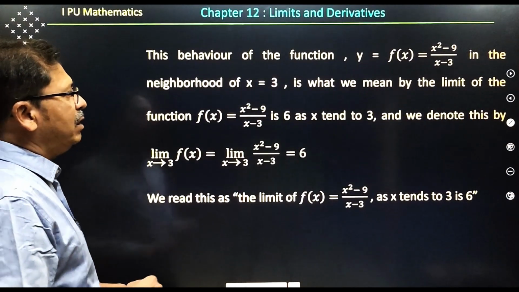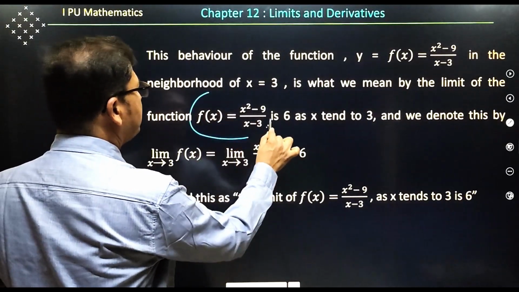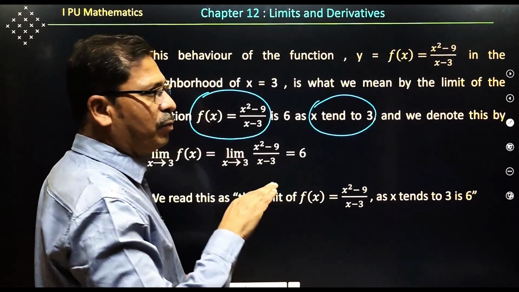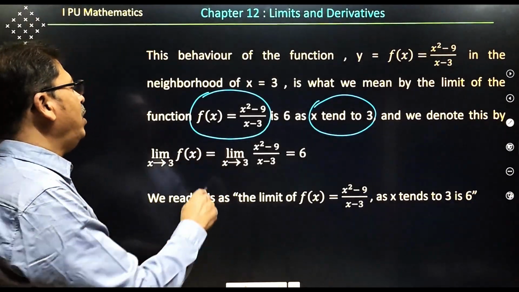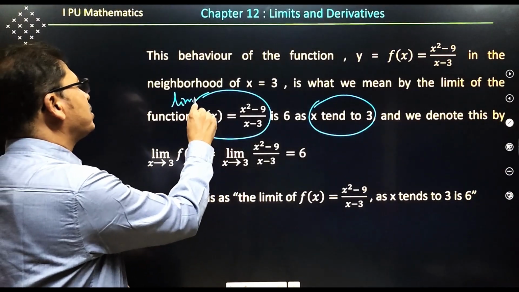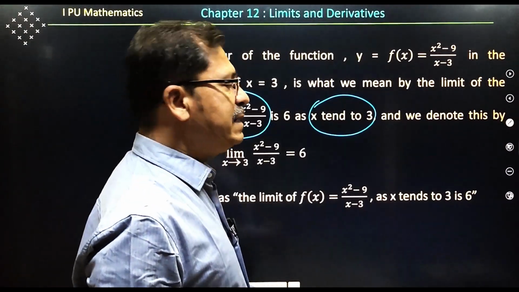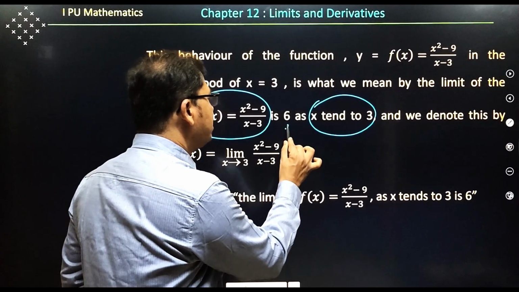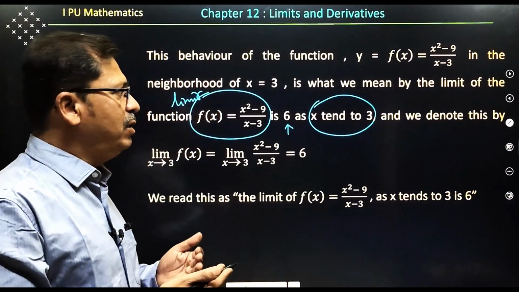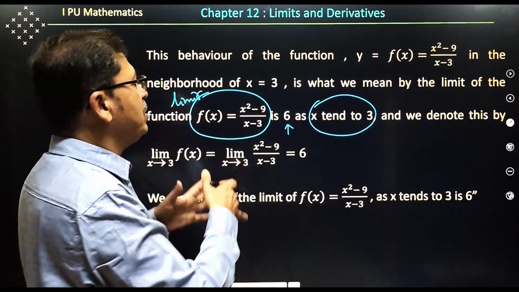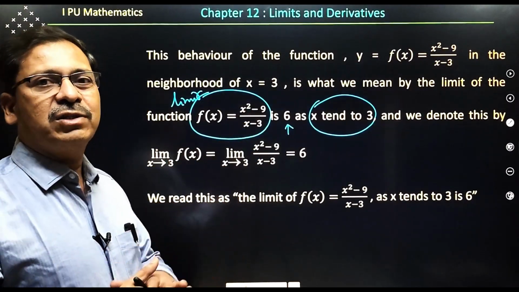That means when x is approaching 3, the limit of this function is found to be 6.